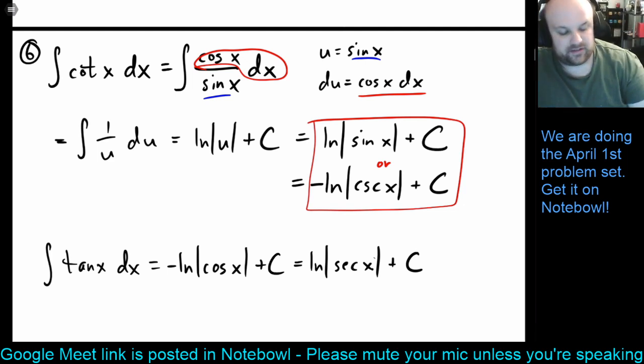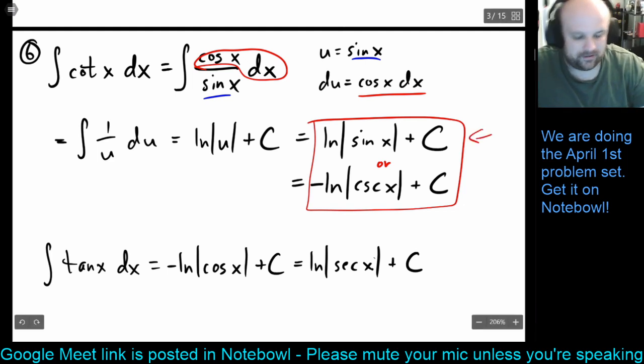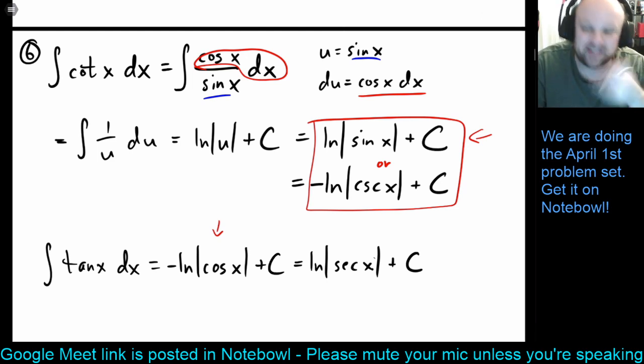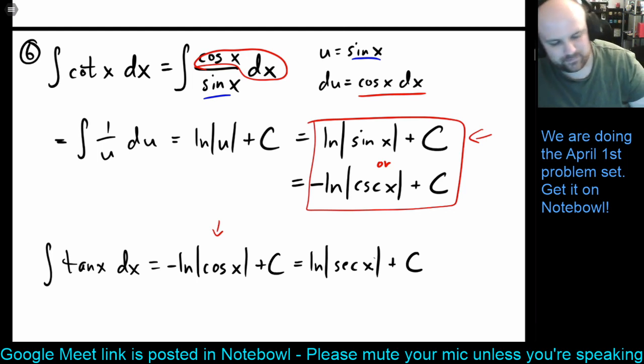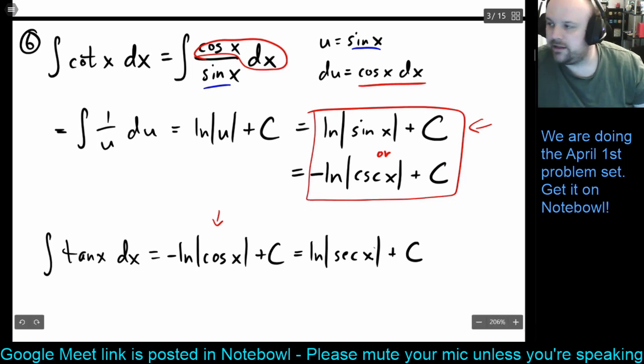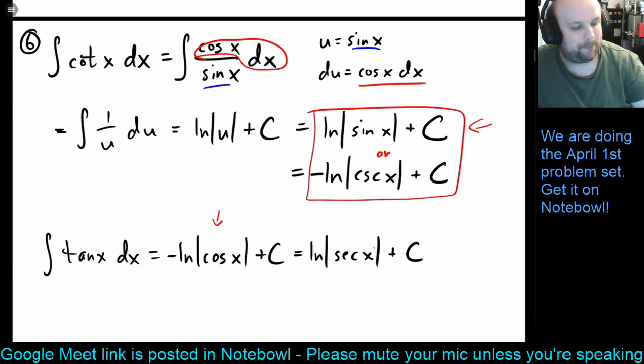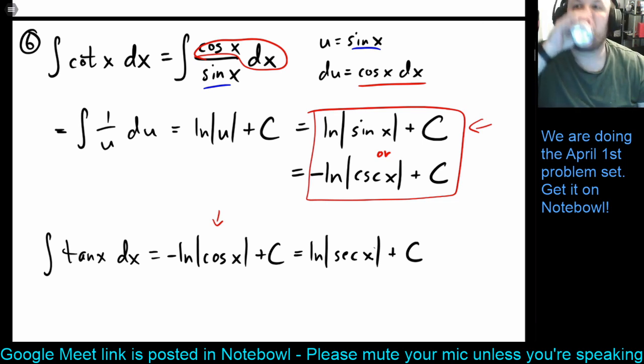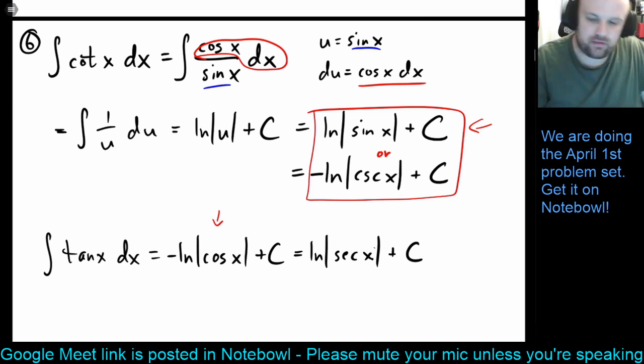And truth be told, I quite like the top one better here. But again, do whichever form feels better. Any questions about that? Okay.